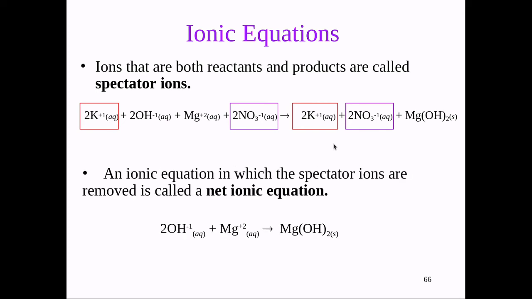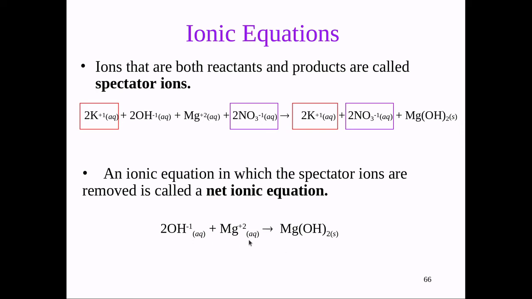So basically, to condense this down a little bit and focus only on the thing that's actually happening, we have what we call the net ionic equation. And what that is, we're going to remove these spectator ions that didn't really do anything and just write out the remaining bit of the equation.